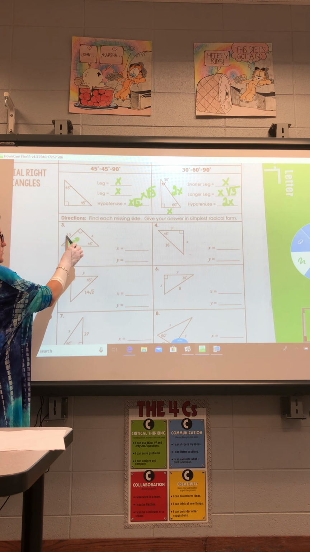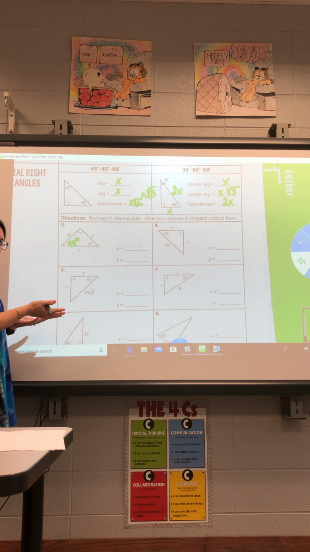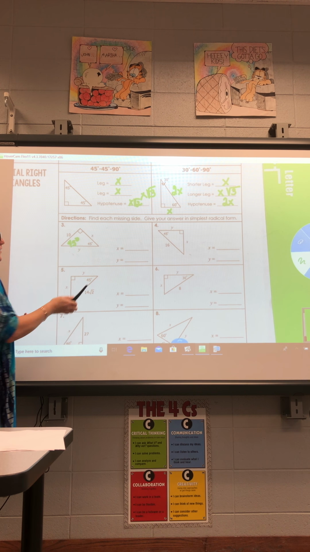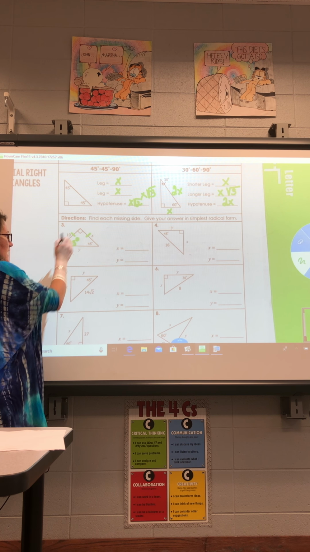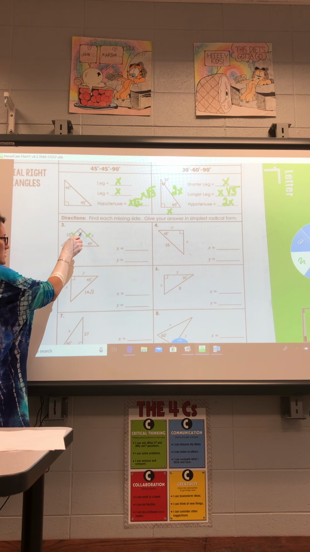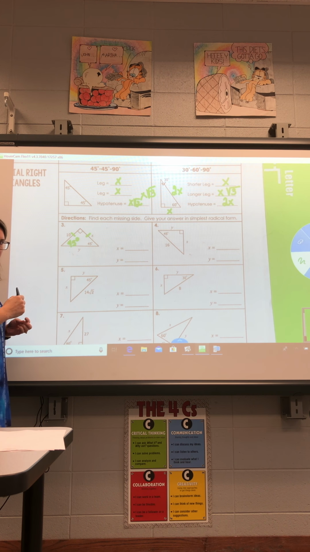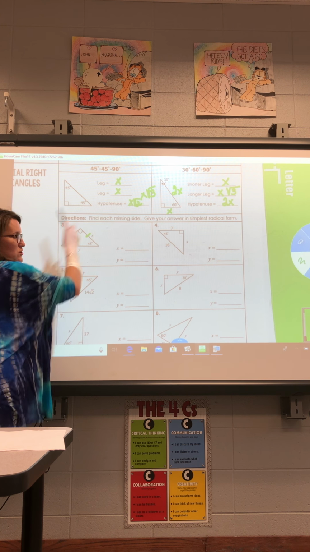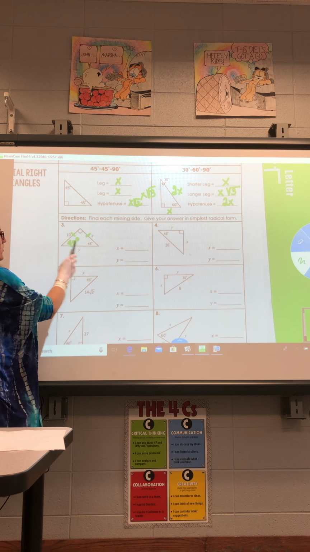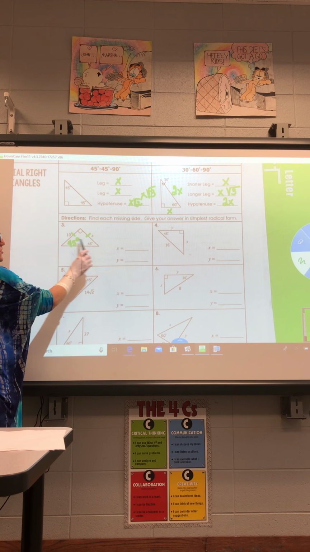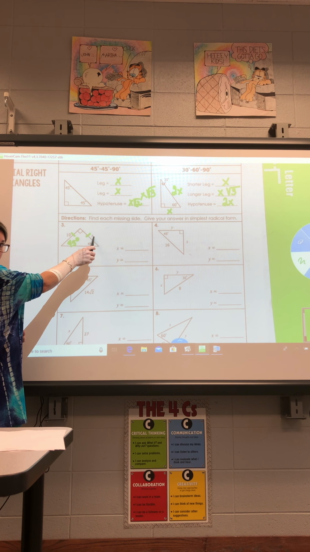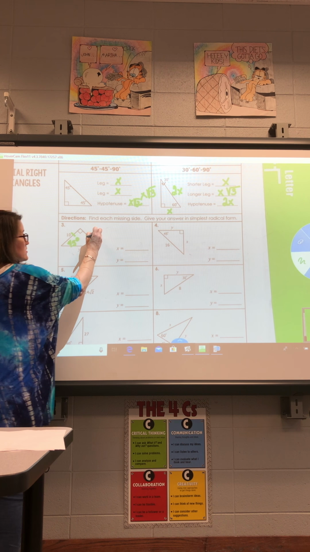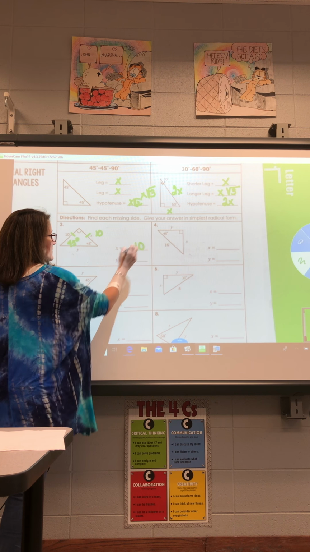So across from the 45s, those are going to be our congruent sides, aren't they? Okay, so this side and this side should be congruent. This right here, this is my hypotenuse, okay? So it's got to be the longest side, or x square roots of 2. So I see that this side is 10, so that means that this side should also equal 10, shouldn't it? So that tells me that x is equal to 10.